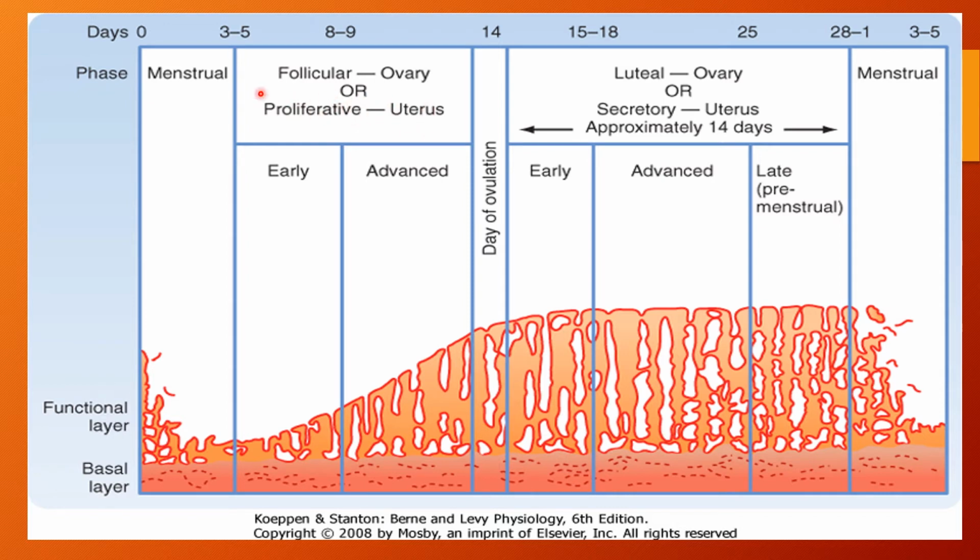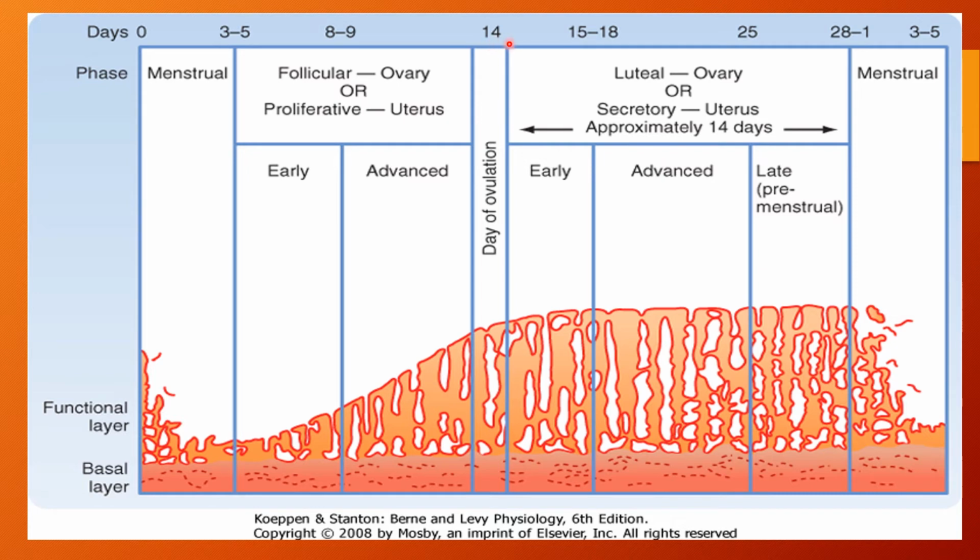of the uterus and the follicular phase of the ovary. It starts, and later on there will be ovulation. Day 3 to 5 is the start of your proliferative phase.